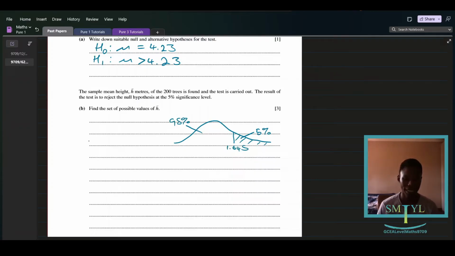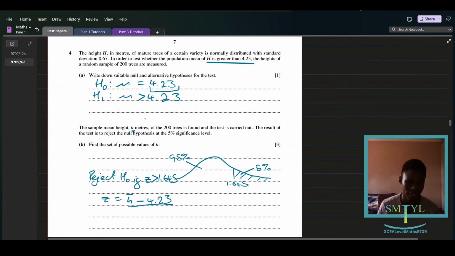So we can create a rejection rule, which would be reject h0 if z is in the critical region, that's if z is greater than 1.645, and our z is equal to the sample mean, h bar minus mu, 4.23, over our standard deviation.